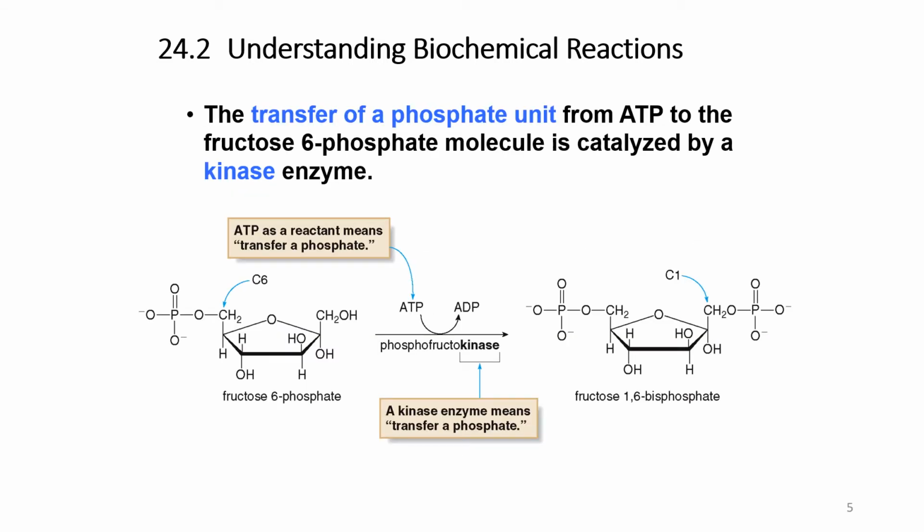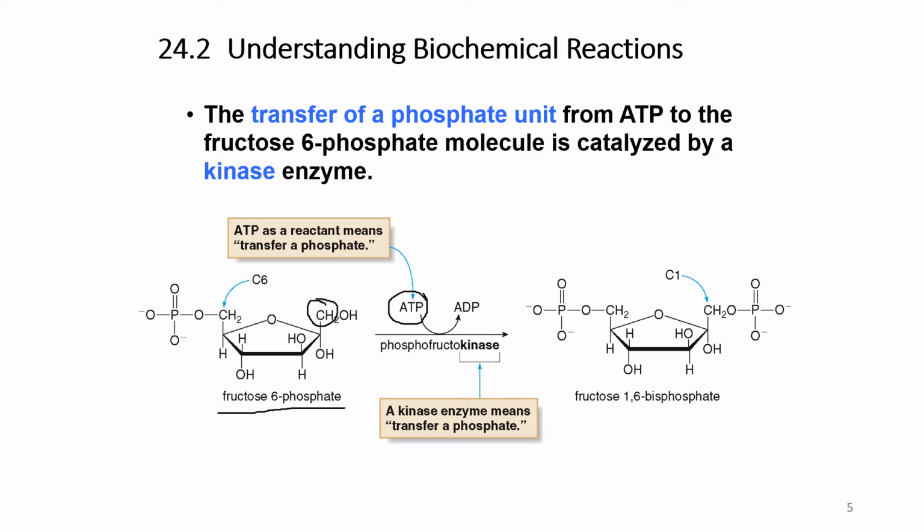The transfer of a phosphate unit from ATP to fructose 6-phosphate is catalyzed by a kinase enzyme. So fructose 6-phosphate is an intermediate in the glycolytic pathway, and the enzyme that catalyzes the transfer of a phosphate group from ATP to the 1 position in fructose 6-phosphate.